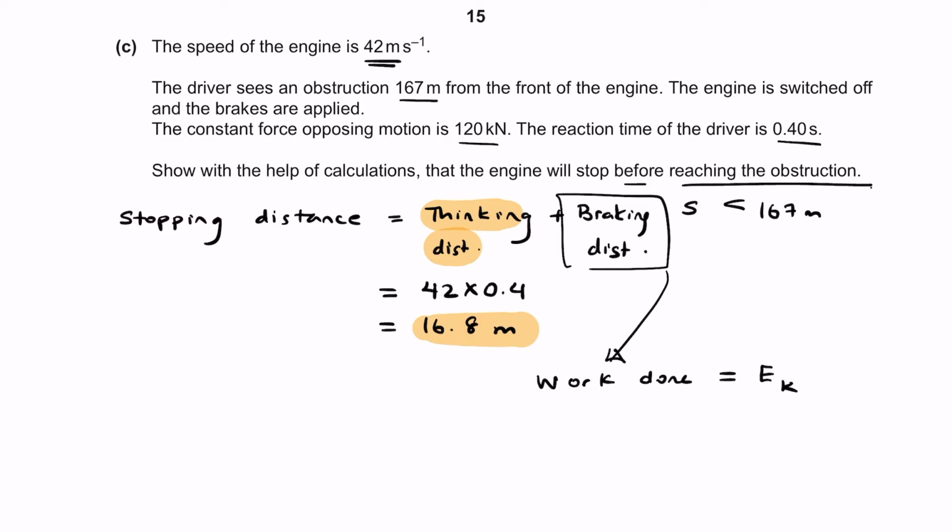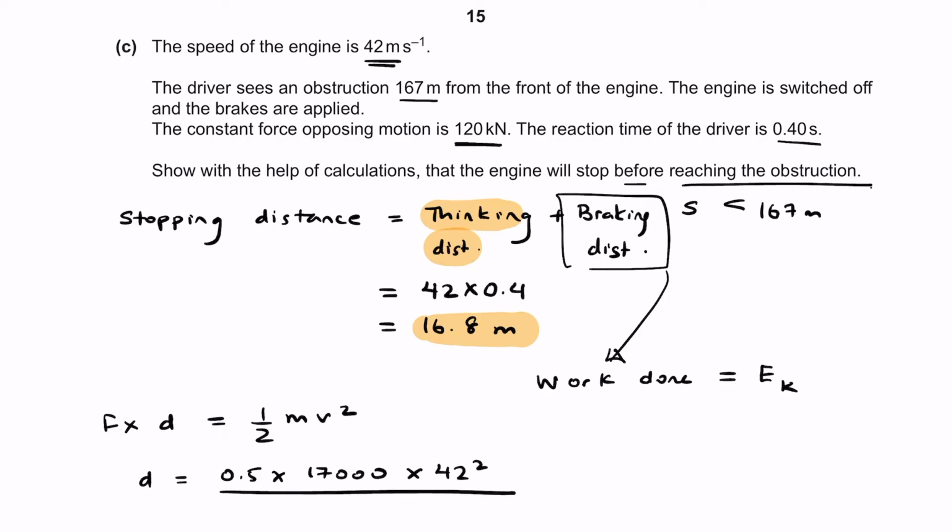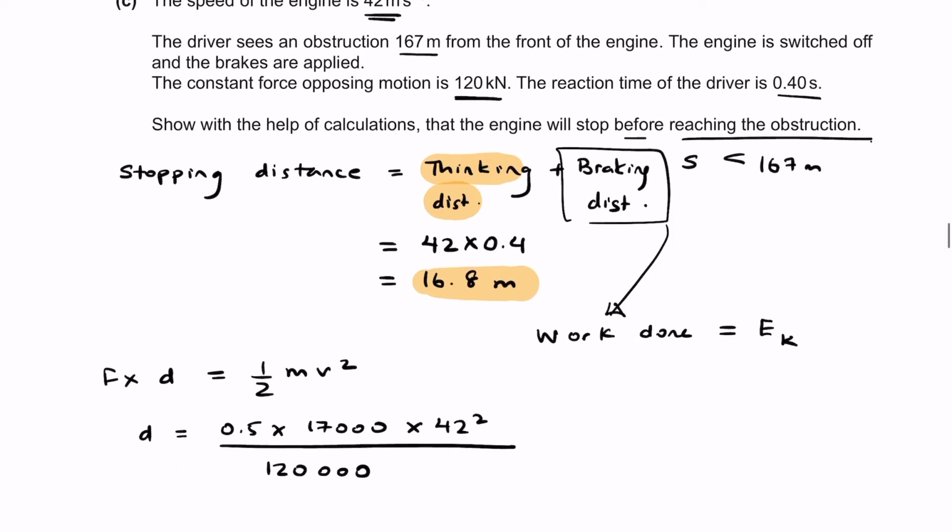We know that work done is force times distance, and kinetic energy is half mv squared. The force applied, opposing the motion, is 120 kilonewtons. So distance is therefore 0.5 times 17,000 times the speed, 42 squared, over the force, which is 120,000 newtons. That's quite straightforward.